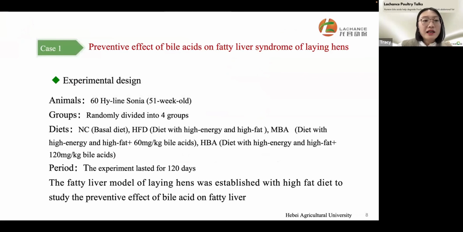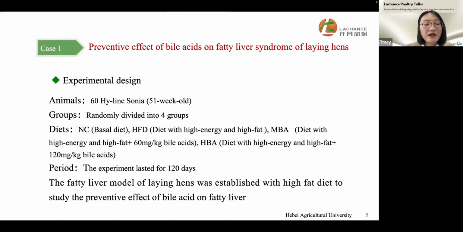Cases of bile acids in preventing and controlling fatty liver syndrome of laying hens. In the first case, we used 60 Hy-Line Sonia laying hens, and they were randomly divided into 4 groups: NC group, HFD group, MBA group, and HBA group.